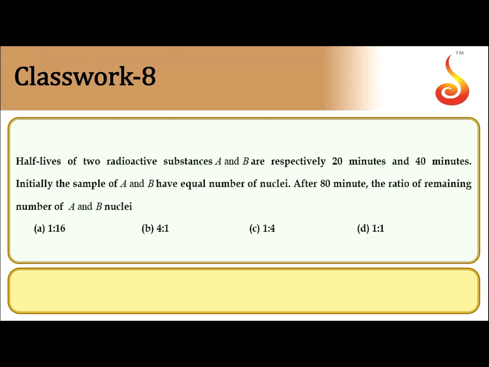Example 8. Half-lives of two radioactive substances A and B are respectively 20 minutes and 40 minutes. Initially, the samples of A and B have equal number of nuclei. After 80 minutes, the ratio of the remaining number of A and B nuclei is? We can write N is given by N naught divided by 2 to the power of n.